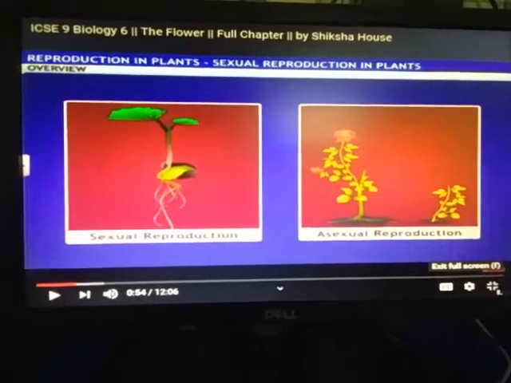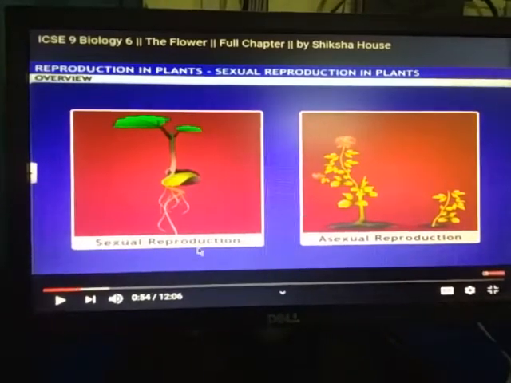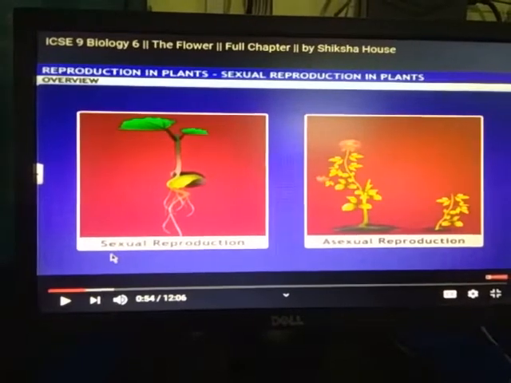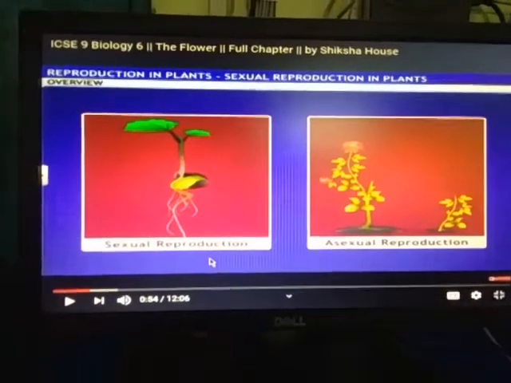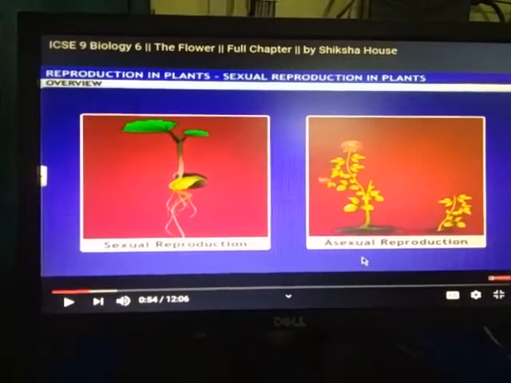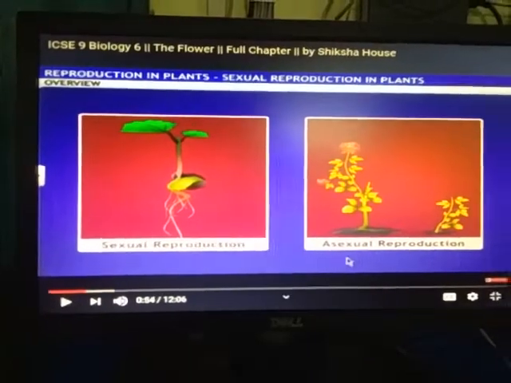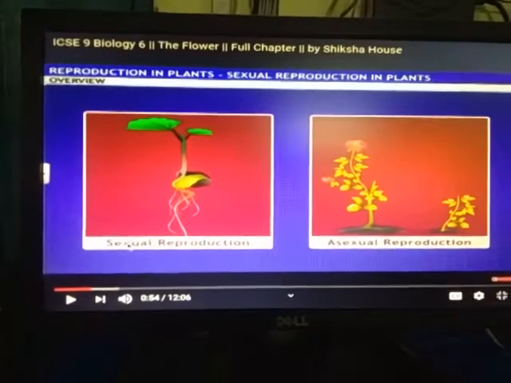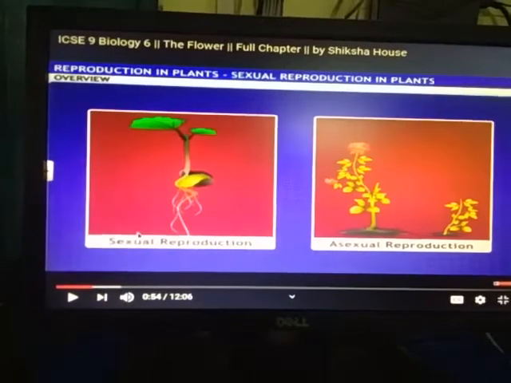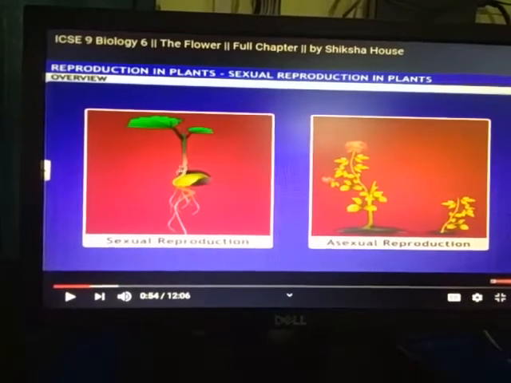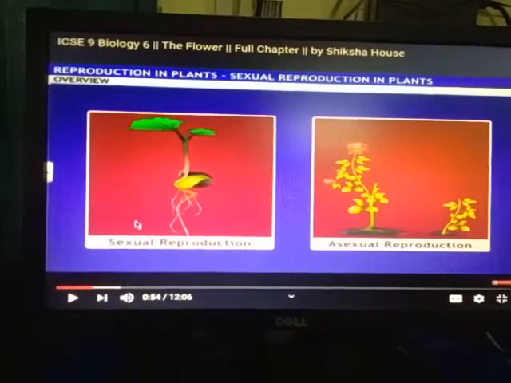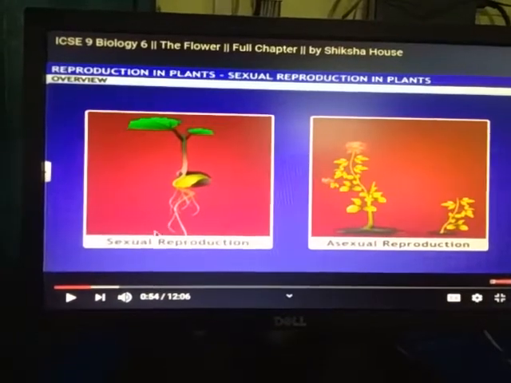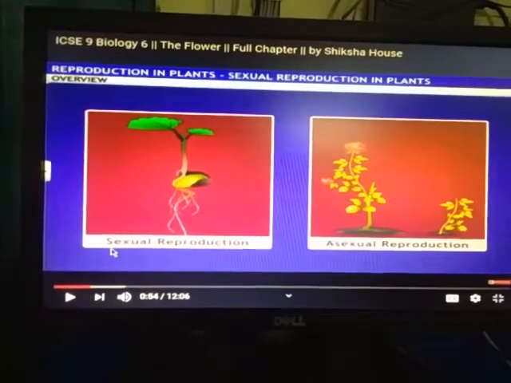Dear students, this is discussed in the diagram. There are two plants. First is a sexually reproducing flowering plant, and second is a non-sexually reproducing flowering plant. In the sexually reproducing plant, the flower contains reproductive organs that are involved in the process of sexual reproduction.